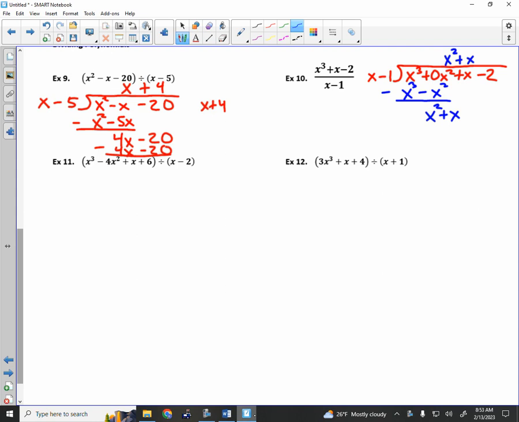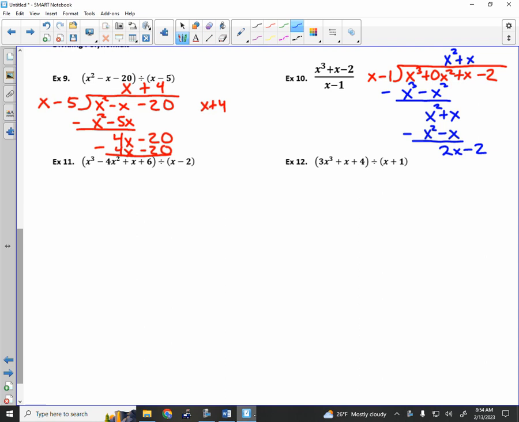X times x is x squared. And x times negative 1 is negative x. And we subtract. X squared minus x squared is 0. X minus a negative x is a positive 2x, then minus 2.